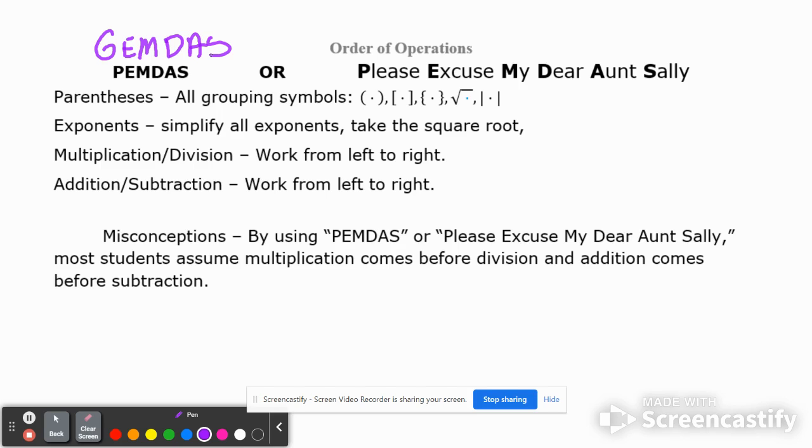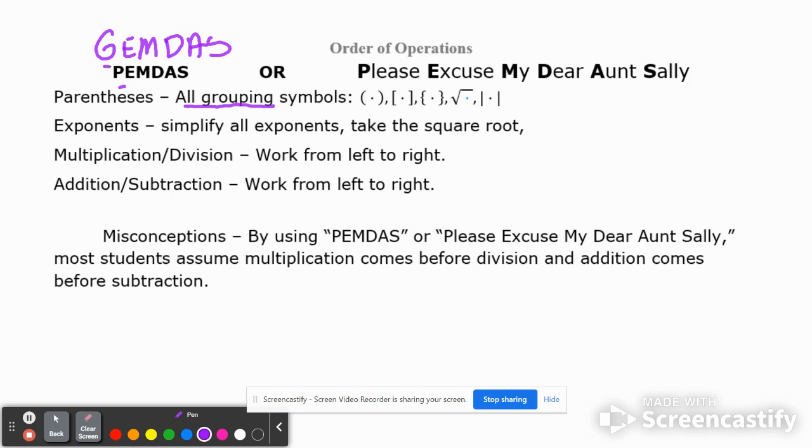Parentheses is going to include all grouping symbols. This includes parentheses, brackets, braces, square root symbols, and absolute values. All of those are considered grouping symbols. A lot of teachers are switching from PEMDAS to GEMDAS because it's more like grouping operations.